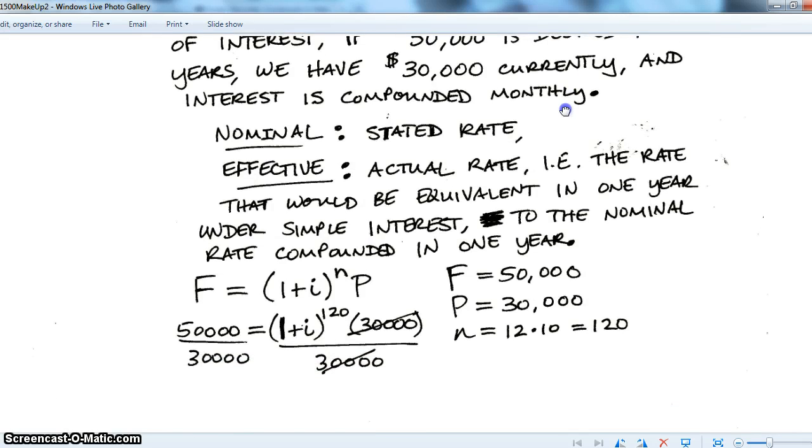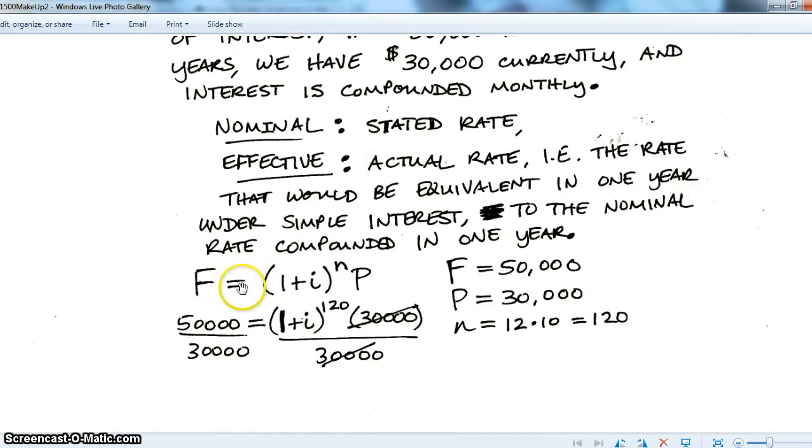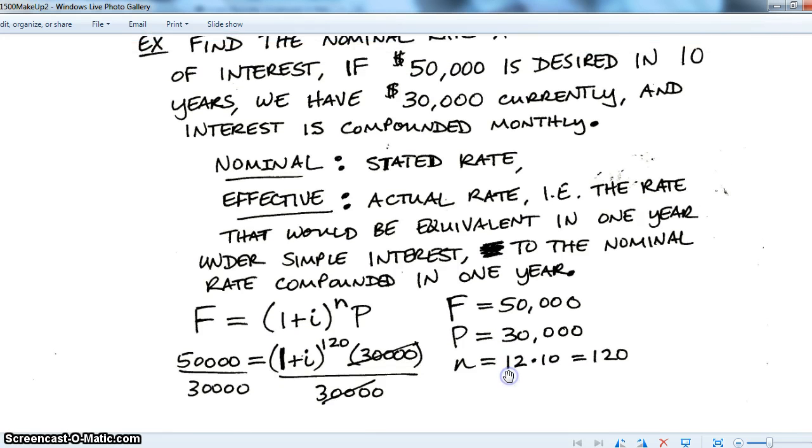Okay, so how can we figure this out? We're going to start again with our F equals (1 plus I) to the n times P, the 4 variables. We know F, we know P, we know n: 50,000 future value, 30,000 present value, and n, the number of interest periods. Since it's compounded monthly for 10 years, 12 times 10 is 120.